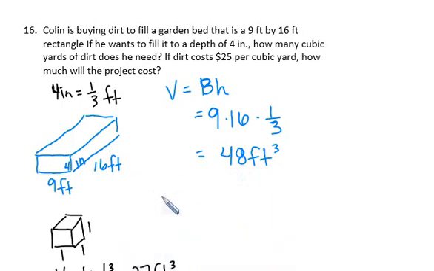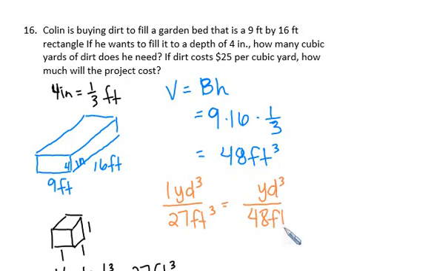So another way you can look at this, if you still don't understand why we have to do that, you can take a look at proportions. 1 cubic yard is the same thing as 27 cubic feet. So we're trying to find out how many cubic yards is the same as 48 cubic feet. Notice I have a proportion here.